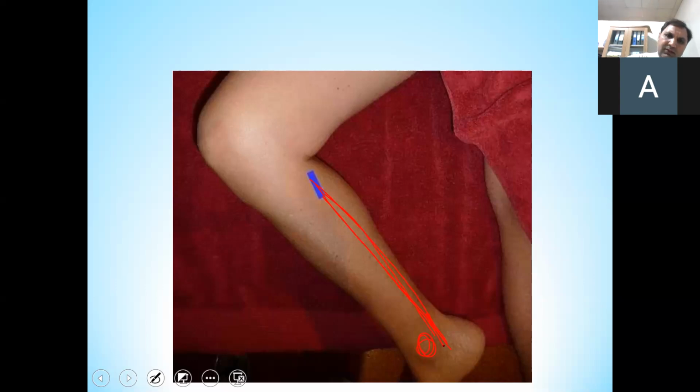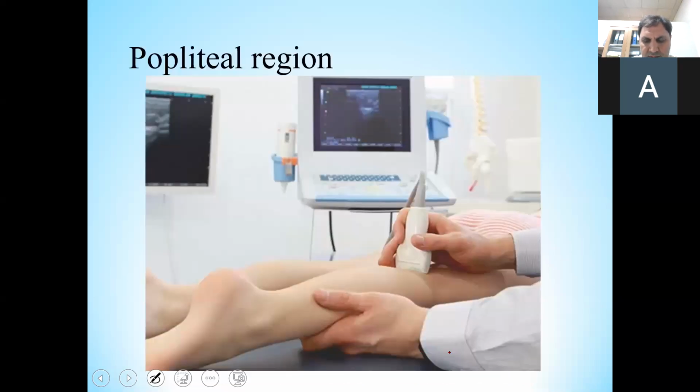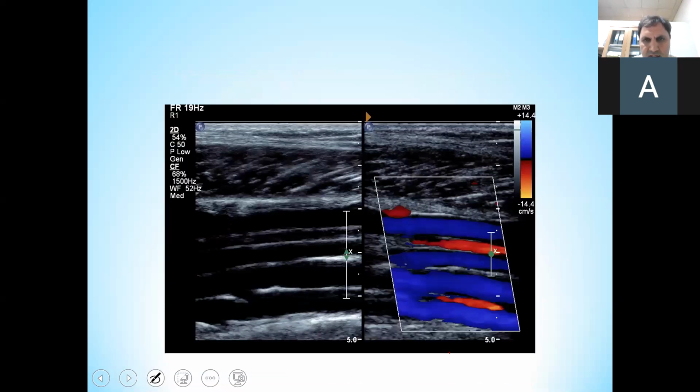And the great saphenous vein is coursing superficial to it, and it's coursing just anterior to the medial malleolus. So this is the course of the great saphenous vein. The same way, you have to follow it in short axis view with the transducer to the anterior aspect of the medial malleolus. Okay.